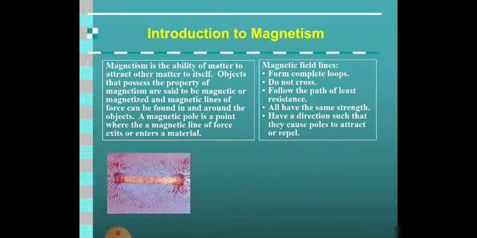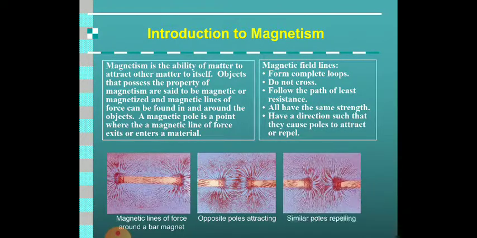Just an introduction to magnetism: it is the ability of matter to attract other matter to itself. Objects that possess the property of magnetism are said to be magnetic or magnetized, and magnetic lines of force can be found in and around the objects. So the magnetic pole is a point where the magnetic lines of force exit or enter a material.